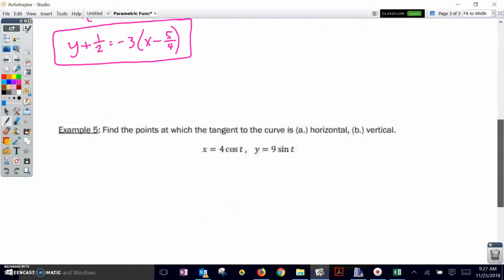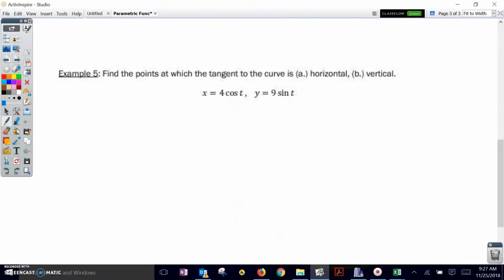Alright, example 5. Find the points at which the tangent to the curve is A, horizontal, and B, vertical. Alright, so I'm first going to find my derivatives. The derivative of the x component is going to be negative 4 sine of t, and the derivative of the y component is going to be 9 cosine of t.